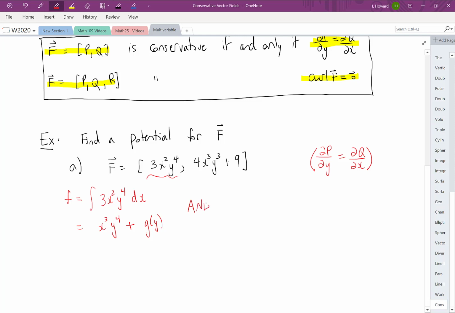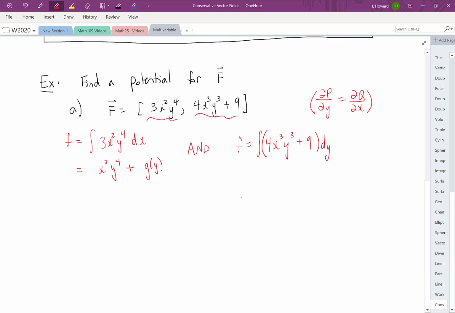And it's also true that our potential, this function little f here, is equal to the integral of 4x cubed y cubed plus 9 with respect to y. So we're going to integrate the second component of our vector field with respect to y, and that's going to give us another piece of information about f.